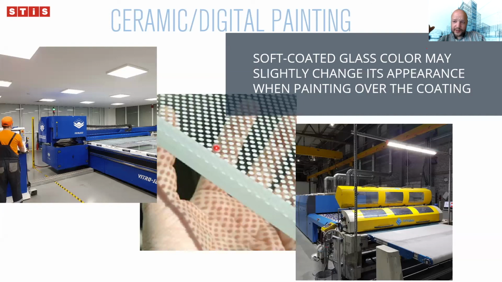And it's sometimes really dangerous to put such a detail into the tempering furnace, because these two parts of the glass will be heated very differently, and the glass may break in the heating chamber.